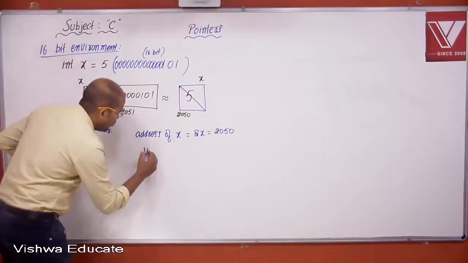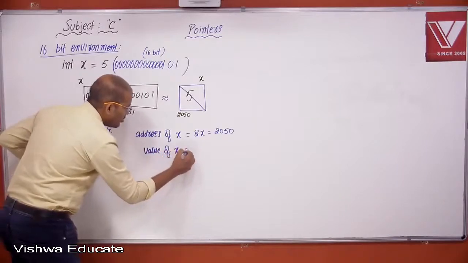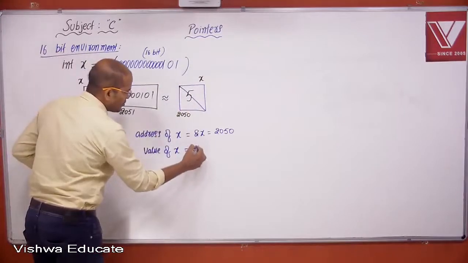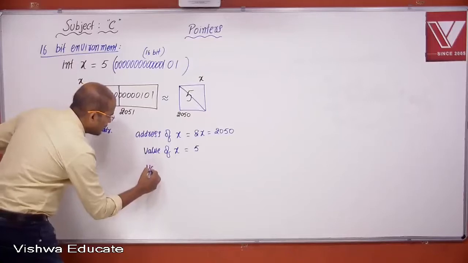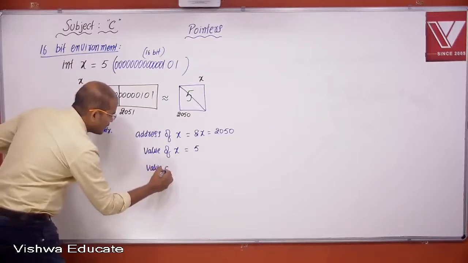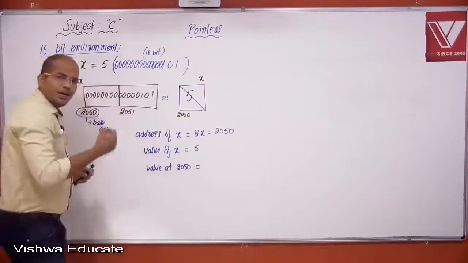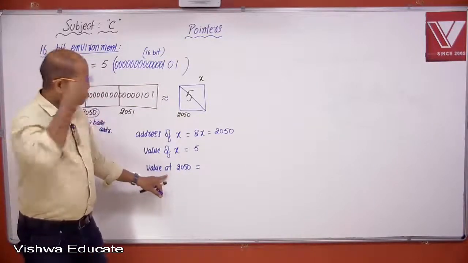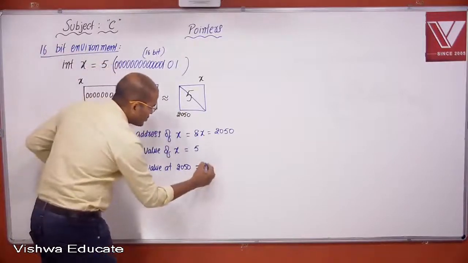And when I say value of x, what is the value of x? The value of x is 5. And if I say the words value at 2050, what do you mean by value at 2050? Value at indicates the value present at this location 2050. So value at 2050 is 5.